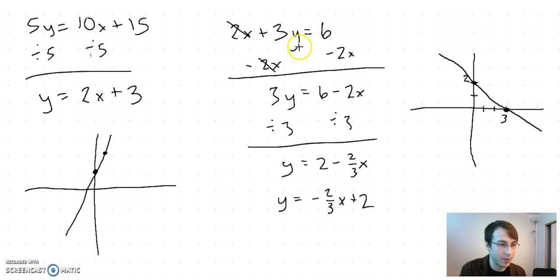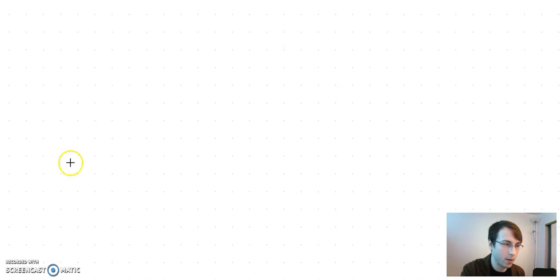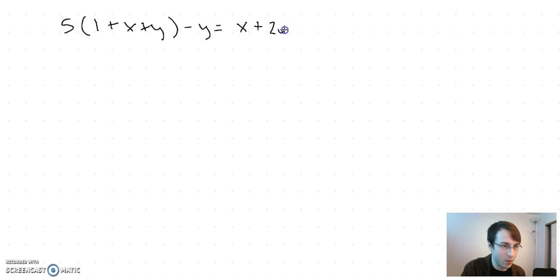Okay, let's do one more. We'll make this a really tricky one. Why don't we do something totally ridiculous, like 5 times 1 plus x plus y minus y equals x plus 2y divided by 3.